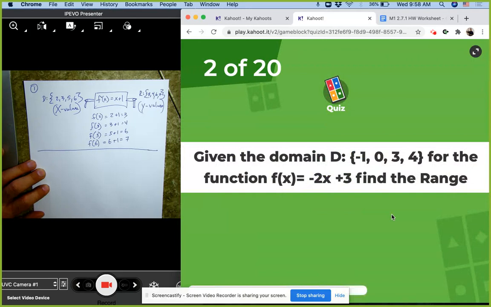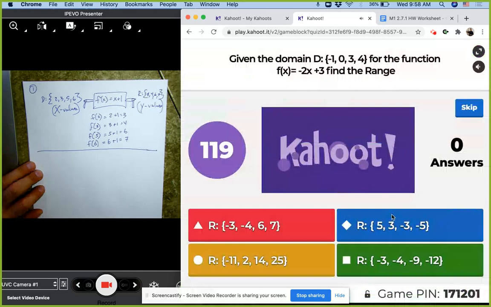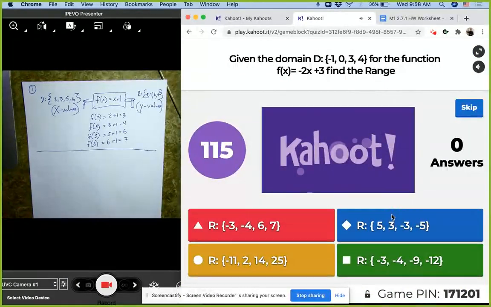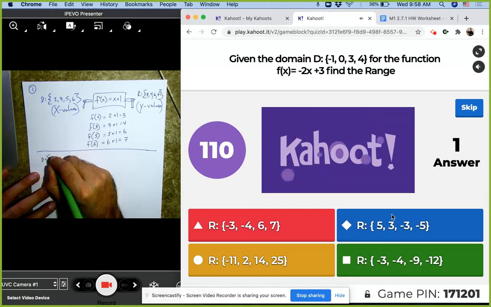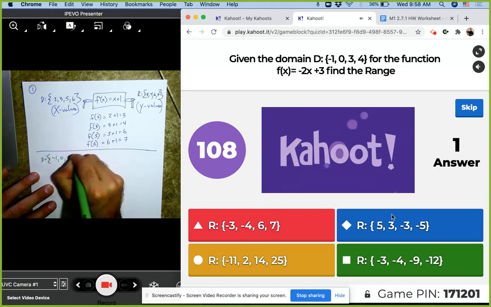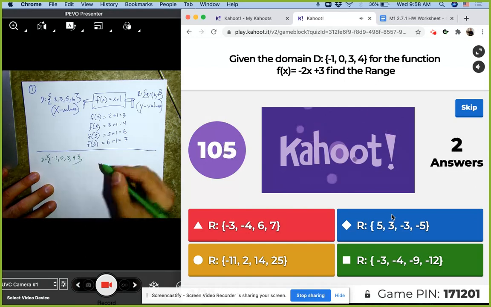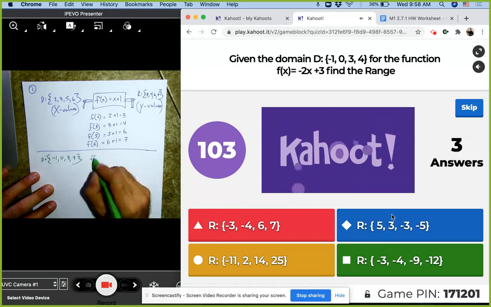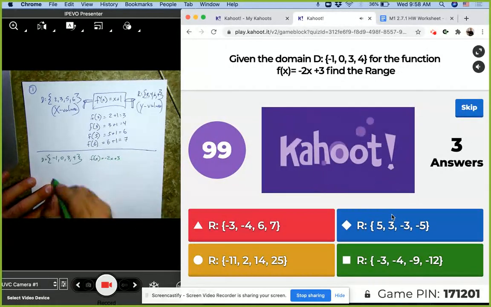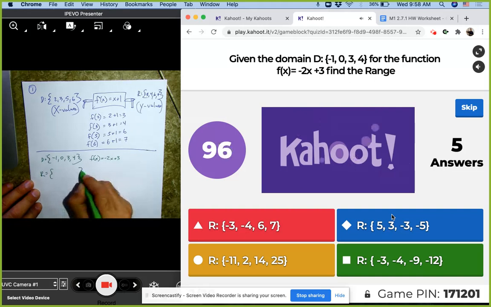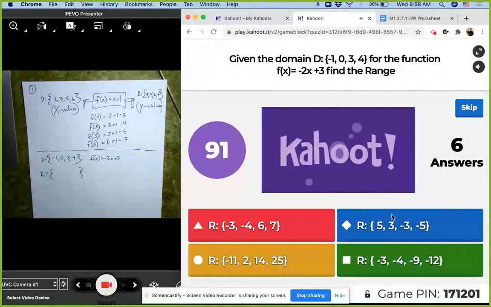Given the domain for that function, a little more tricky, the function machine's trickier, find the range. So look close, some of them are pretty similar. Okay, and if you weren't sure how to start, look at my screen here.